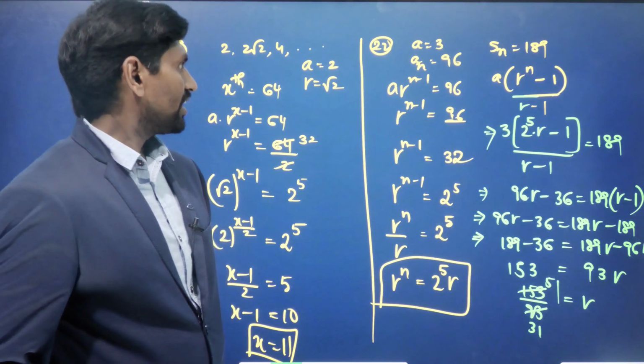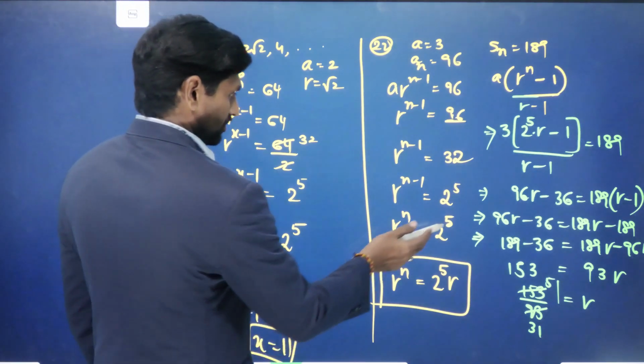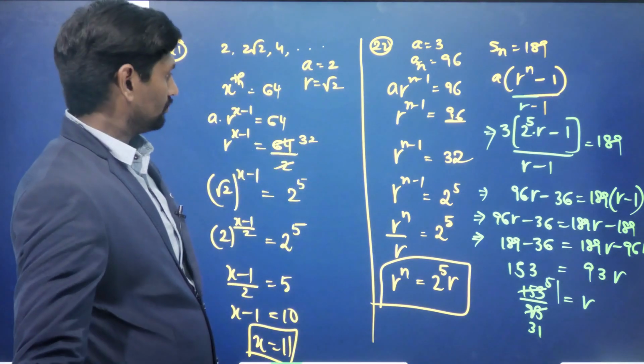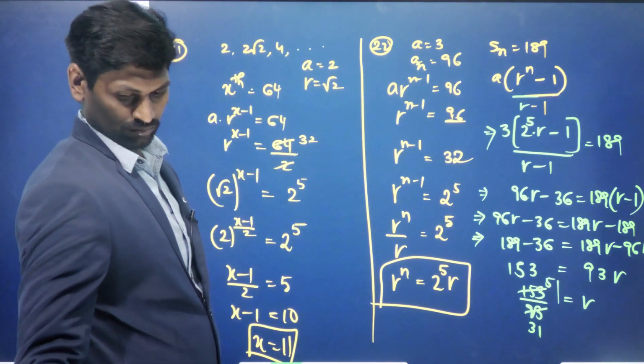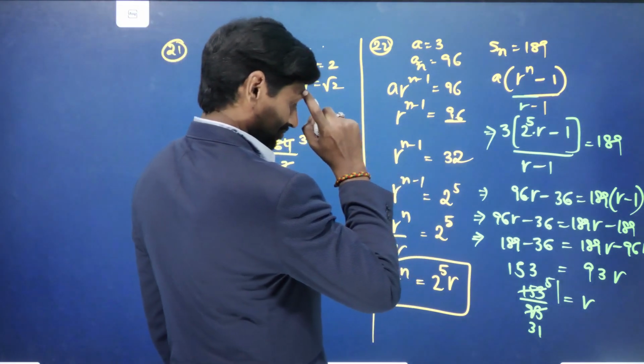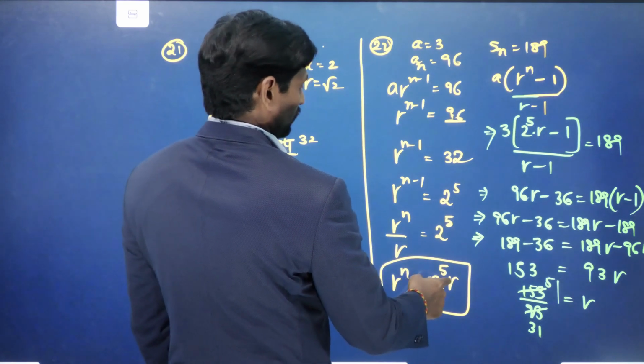From this r value we can find the n value. Substitute here 2 power 5 into r.